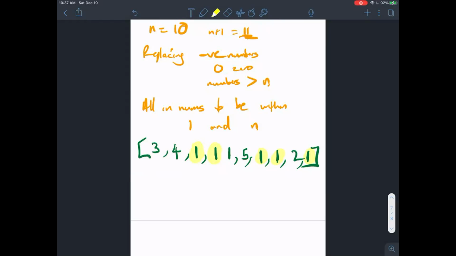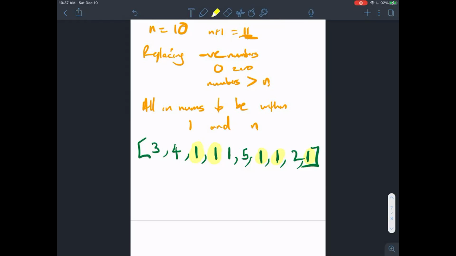So if we look at these numbers, you start thinking about how you can attempt a solution. Right now we've replaced the negative numbers and the numbers which are 0 or greater than n.